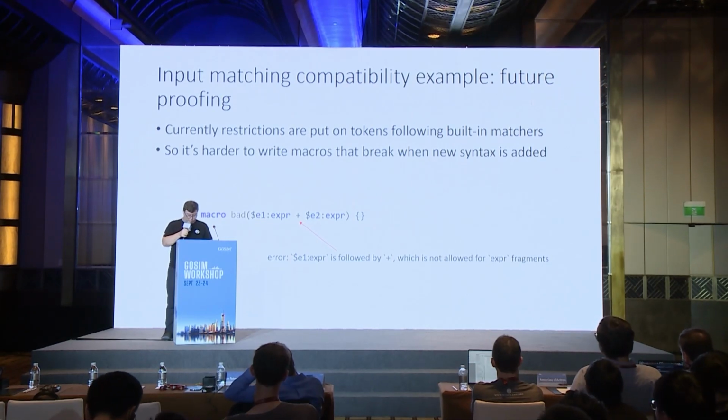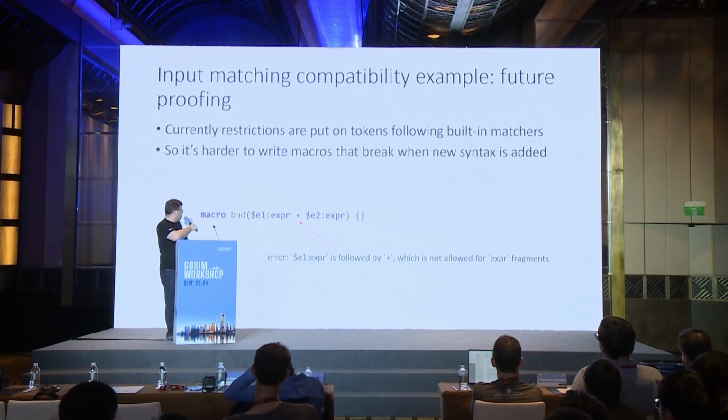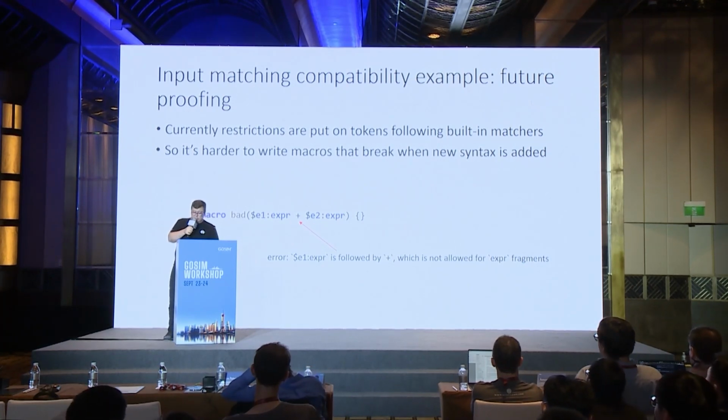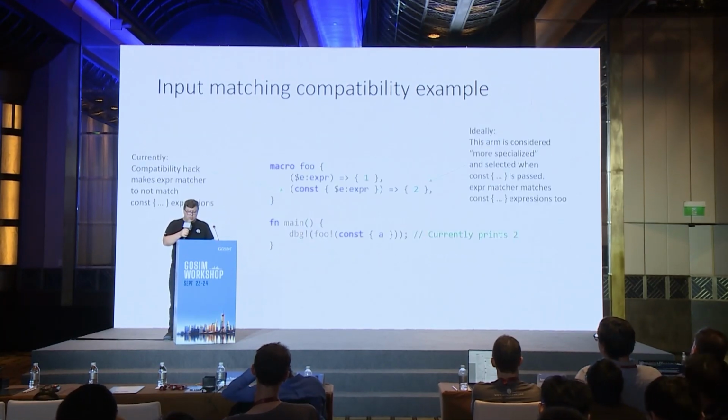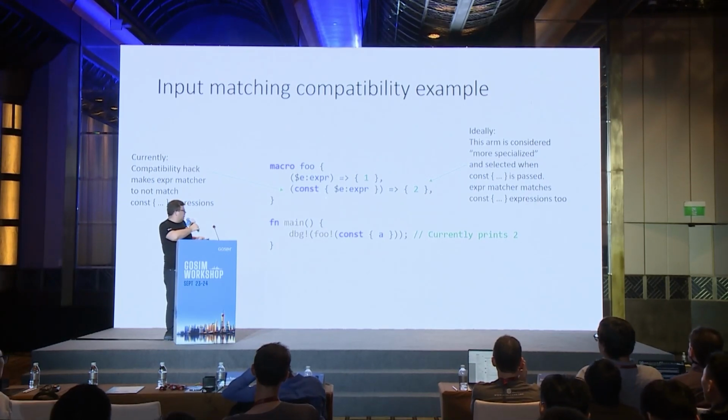And when we write a matcher like this, it won't compile. So we won't have ambiguities when passing, for example, 1 plus 2. But it doesn't prevent all regressions because in the case of const, the const expression is not a token that follows expr. It kind of wraps it from both sides.